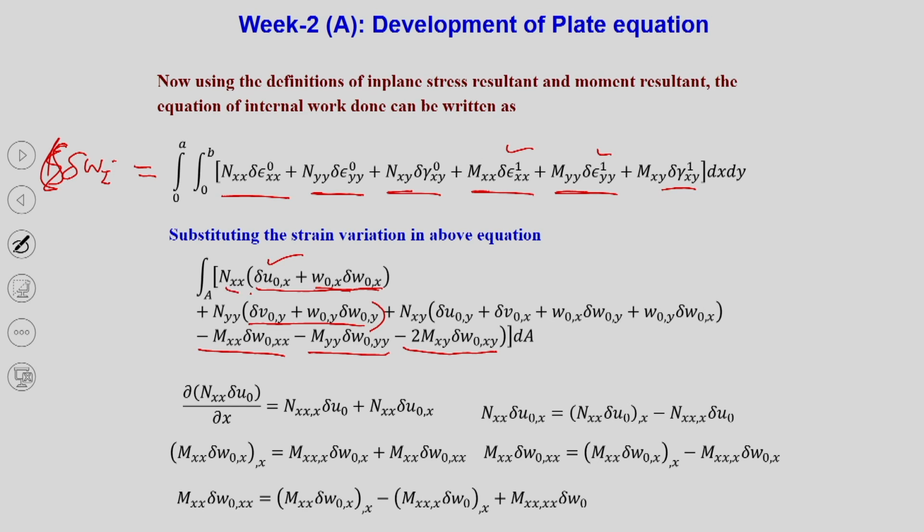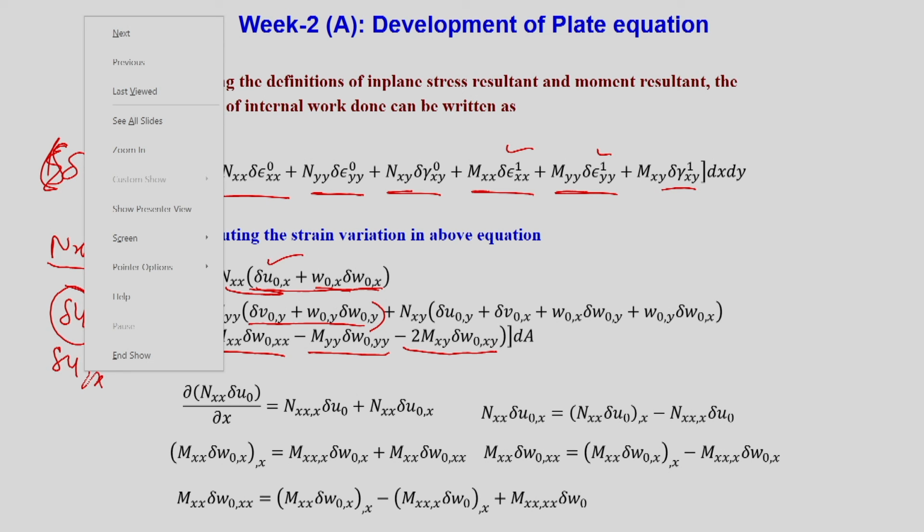Now you see Nxx del u naught comma x. We know only del u naught. This is our first variation, our primary variable. This is not. We do not have any information about their derivatives.